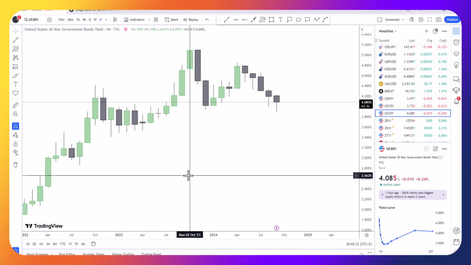So I'm going to look at the US 5-year, 10-year and 30-year yields, and I'm going to illustrate how they influence most of my trade setups, most of my analysis, and almost like the bias on the dollar index, which then results in any decision that I make when I'm looking at other currency pairs.